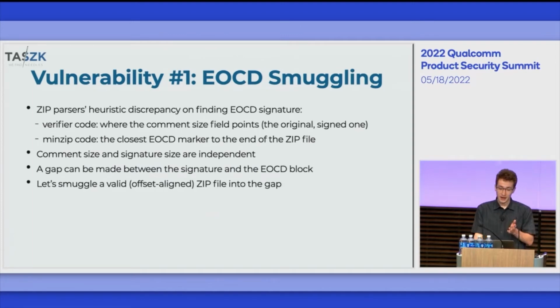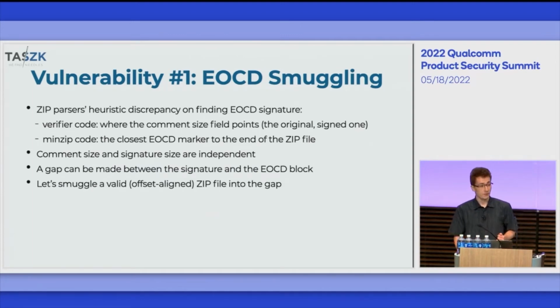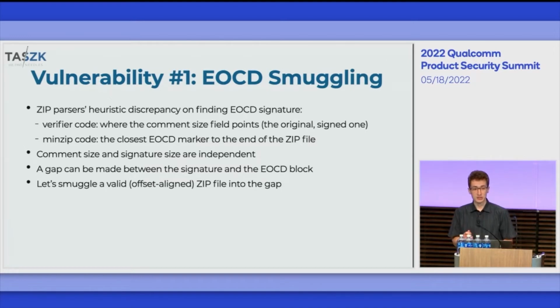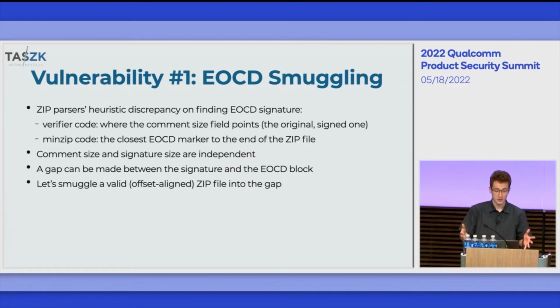So the first vulnerability is the fact that the verifier and the minzip library handle differently the finding of this EOCD, the end of central directory symbol. This symbol is crucial because that's the entry point for a zip file, because zip file works backwards. First it finds the EOCD, then it points to the central directory, then it knows what's the content.